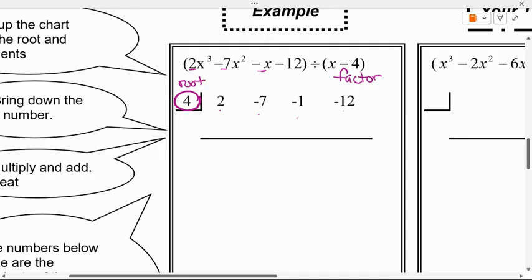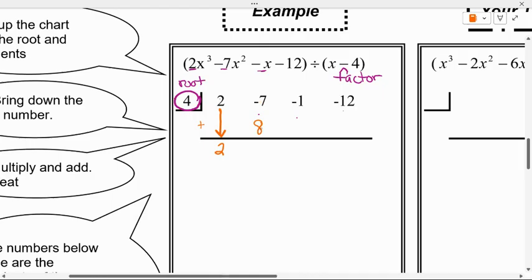So now we're going to use synthetic division. The first thing that you do is you draw an arrow. We're just dropping this 2 all the way down. We perform synthetic division using multiplication. We're going to take 4 times 2. What is 4 times 2? 8. That's going to go right here. And we add these.